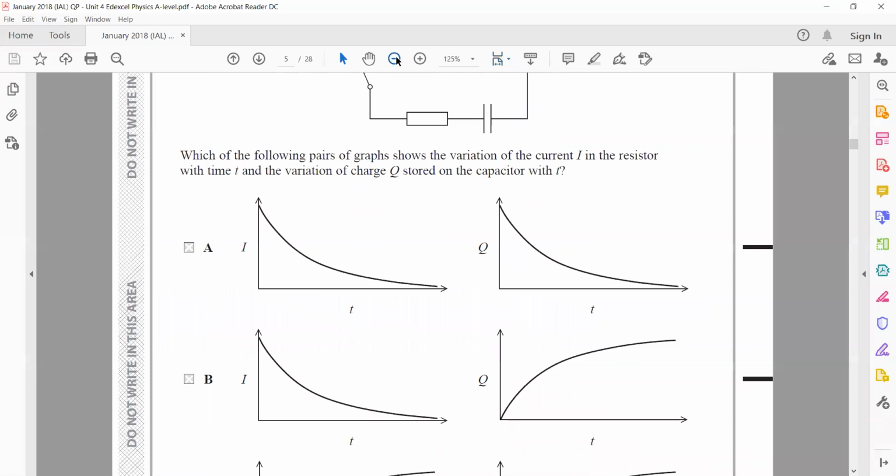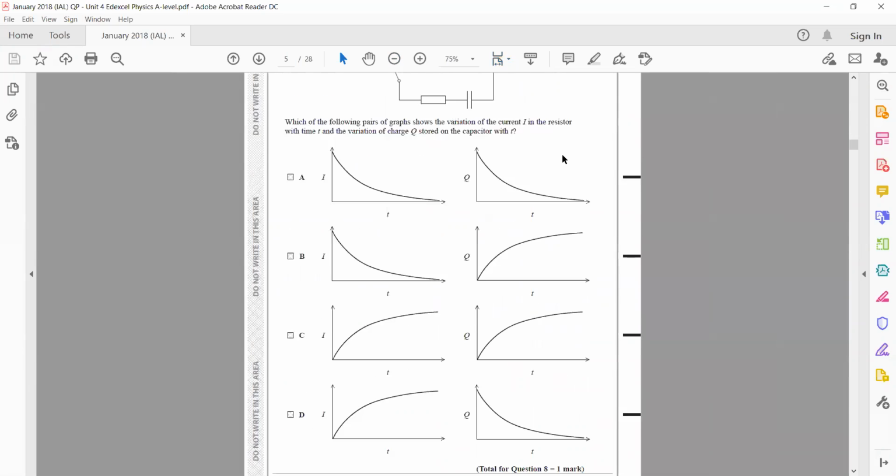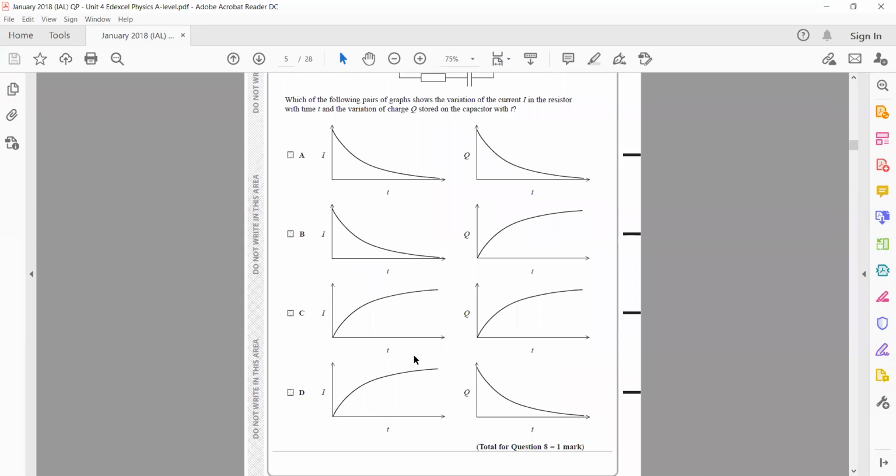So what could be the current-time graph and the charge-time graph for charging a capacitor? What's the answer for question number 8? Which pair represents it?